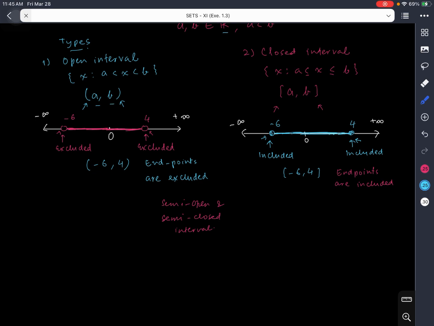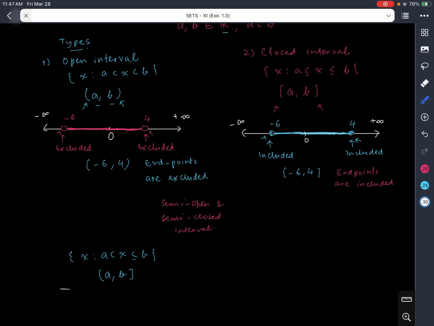So take for example, we have a set where x such that x is greater than a but less than or equal to b. So this set in terms of an interval can be represented as (a, b]. From left side the interval is open, which means that we'll be using open interval bracket, and from right side the interval is closed, that means we'll be using closed interval bracket.